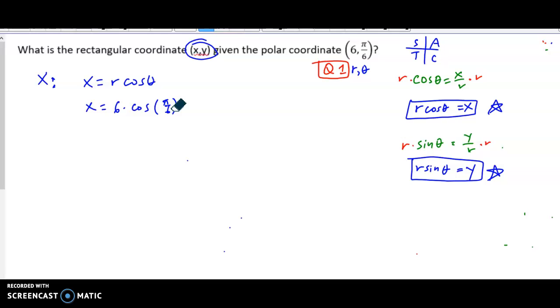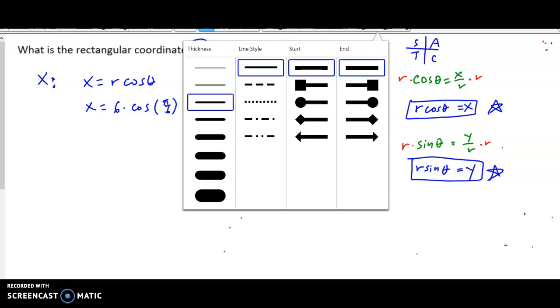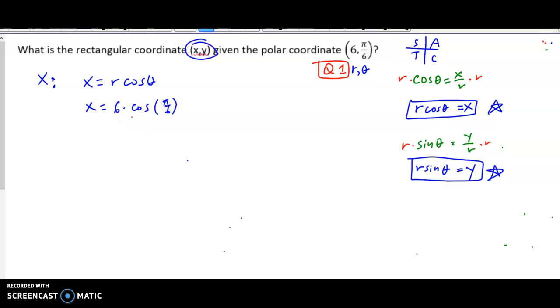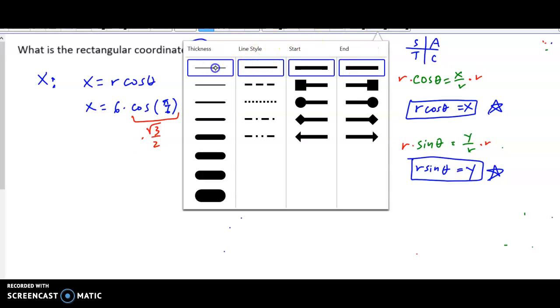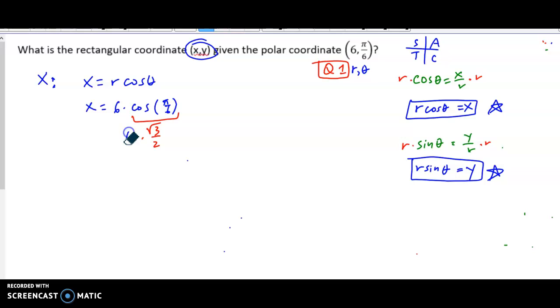And then we evaluate. We know that cosine of pi over 6 is root 3 over 2, and we already had a 6. So when you work this out, x turns out to be 3 root 3.